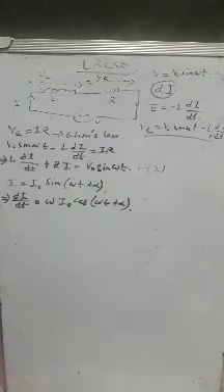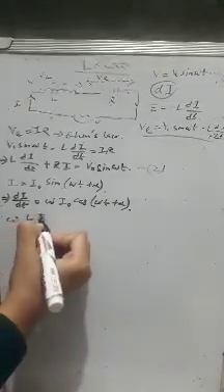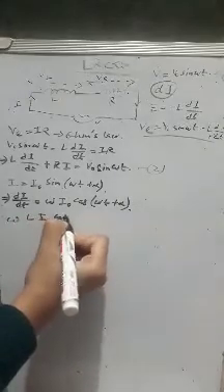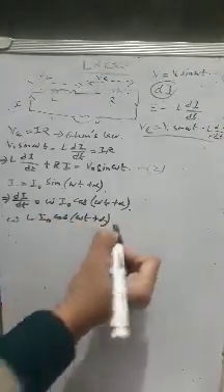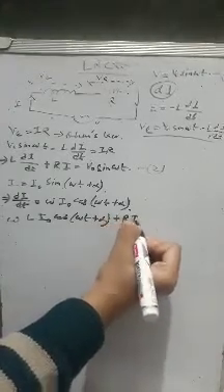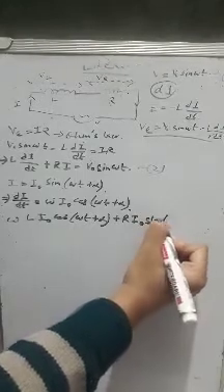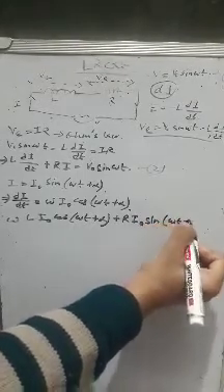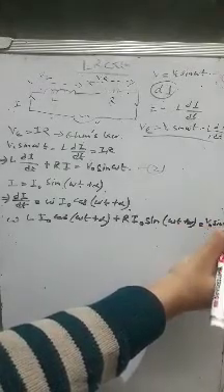So let us see what the equation becomes: omega L I naught cos omega t plus alpha plus R I naught sine omega t plus alpha equals V naught sine omega t.